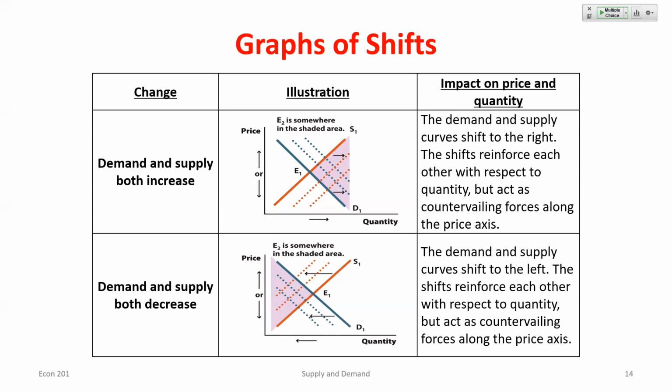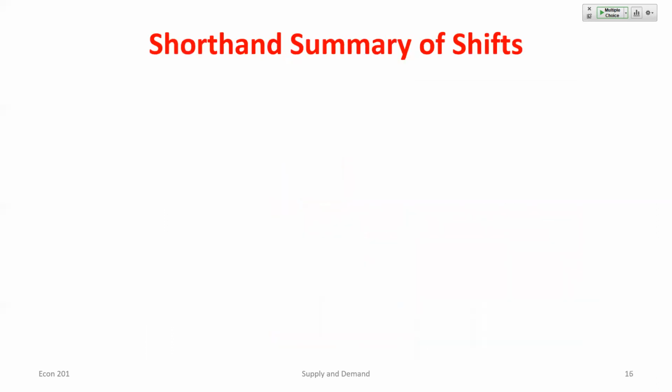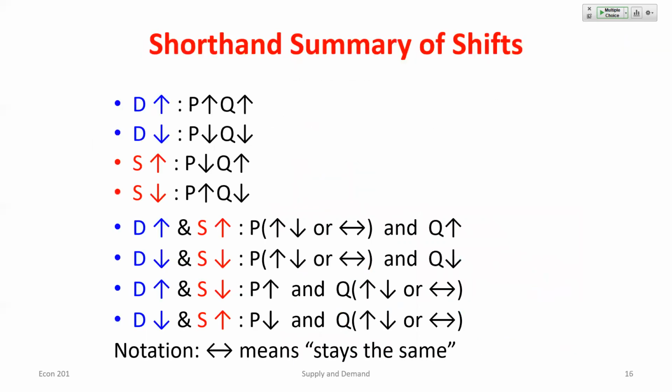Those are my four combinations. As long as I understand how to work through one of those problems, I can work through all of them. The end result will be a little different, but once I understand how to draw and solve these simultaneous shift issues, I can do it for any of these four combinations. I'll come back to this slide afterwards.